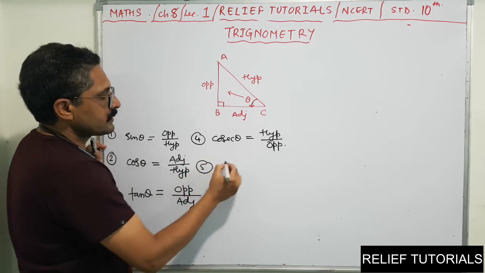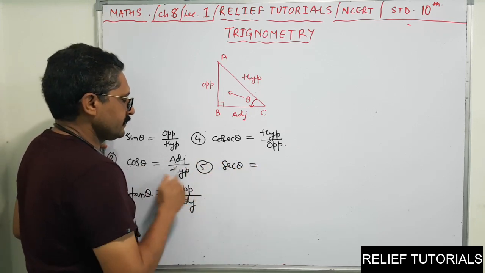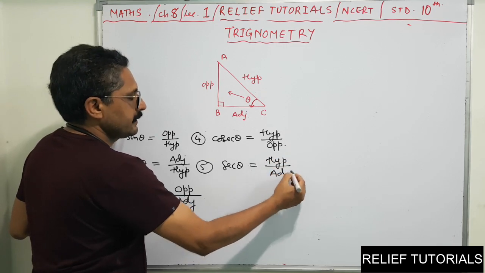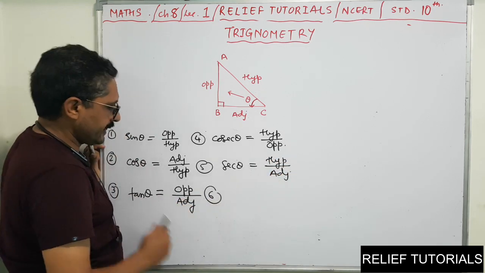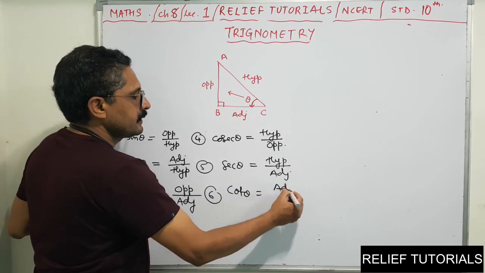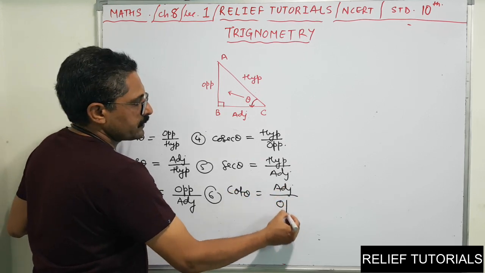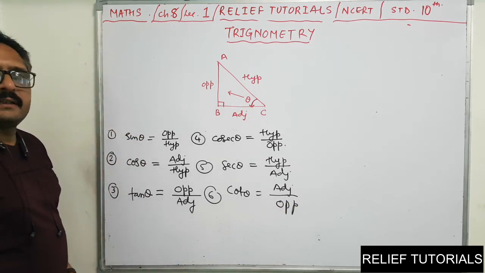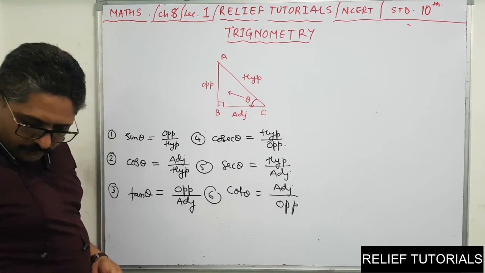The reciprocal of cos is sec theta, so you can write hypotenuse upon adjacent side. And the reciprocal of tan is cot theta, that is adjacent upon opposite side. Have you got it?